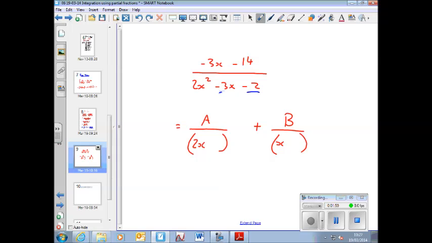If I put minus 2 in here and plus 1 in here, 2x times minus 2 gives us minus 4x, and then x times 1 gives us plus 1x, which gives us our minus 3x, and 1 times minus 2 gives us a minus 2.